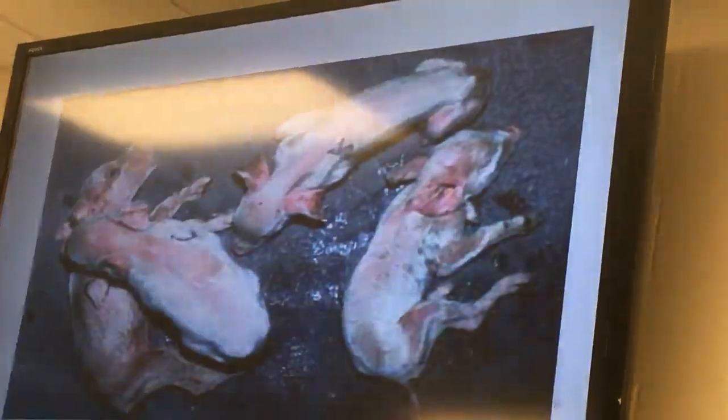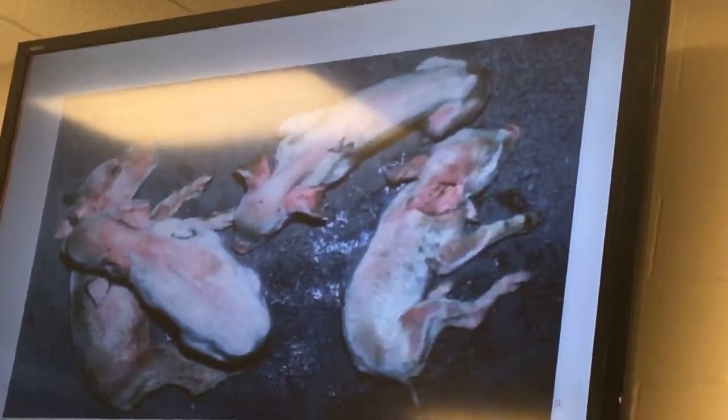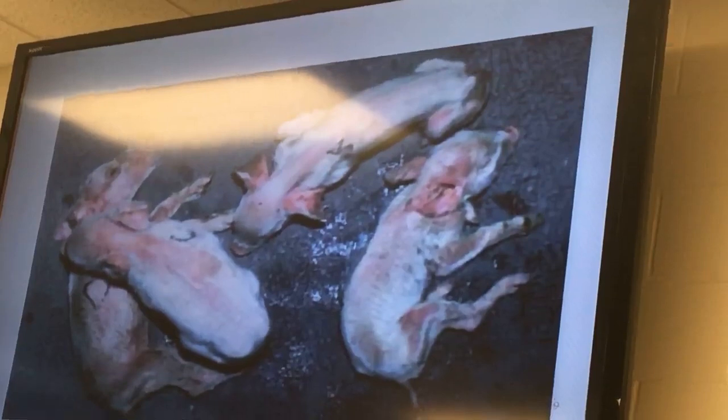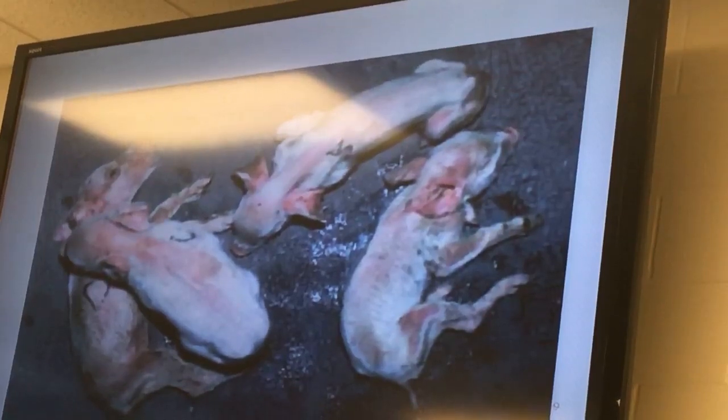Okay, what do you see? Skinny piggies. Okay. These are about a week to 10 days old. What do you see? Diarrhea. Yep, kind of a mucoid. And if you look real close, this is not a good picture, it's kind of yellowish in color.